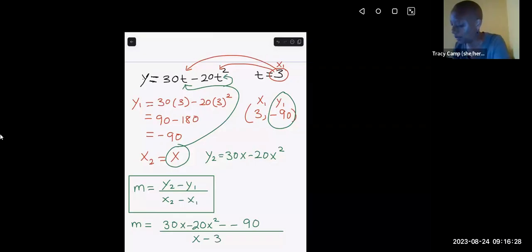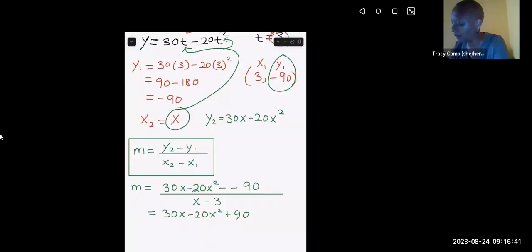So this ends up being 30x minus 20x squared plus 90 over x minus 3. And I'm just going to enter this in Desmos.